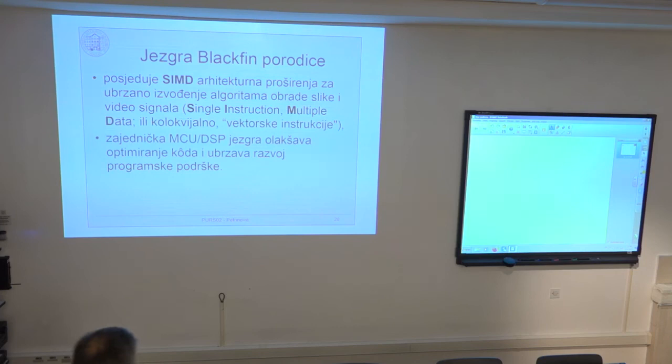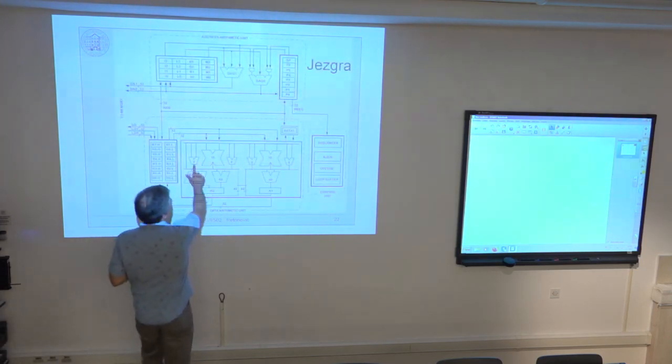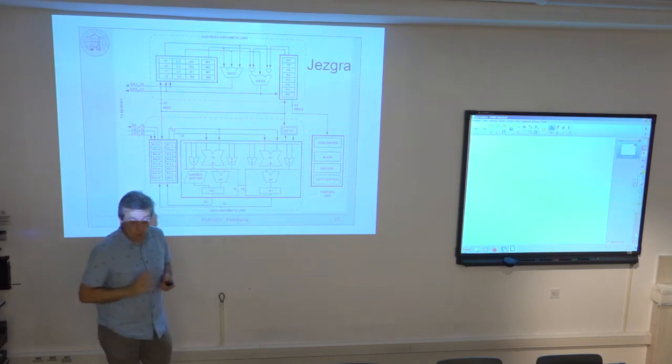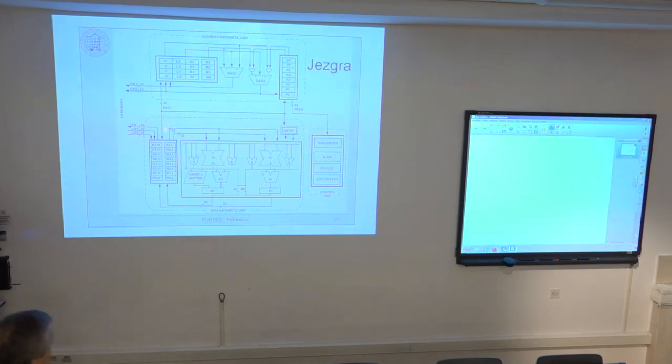And it is shown here in the architecture with these units. What I can do is treat these two 32-bit values as two vectors of four 8-bit values.